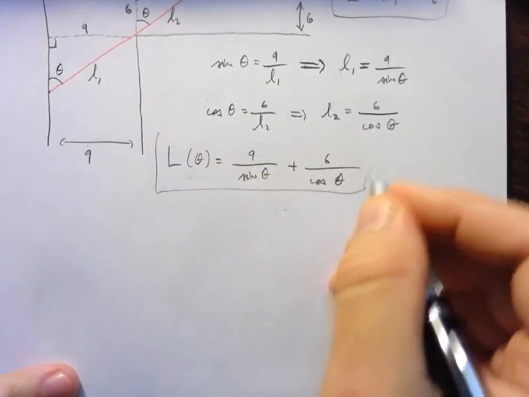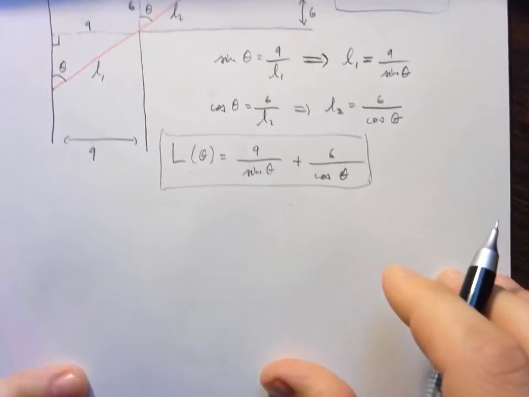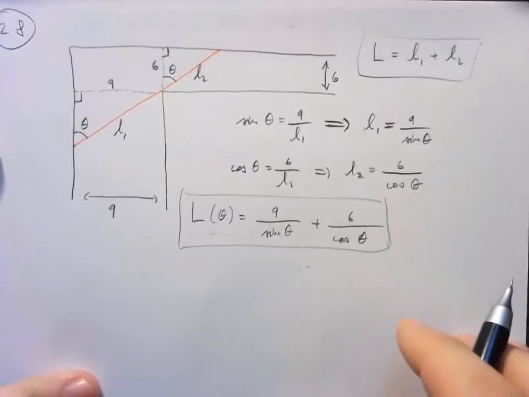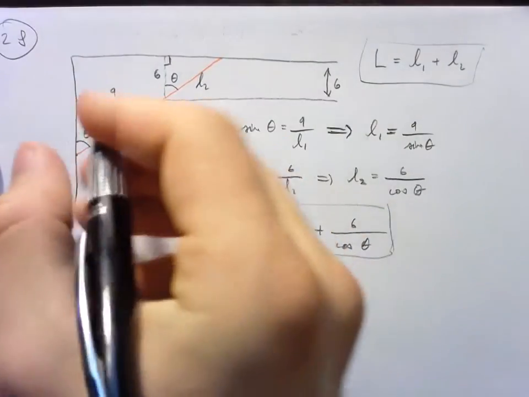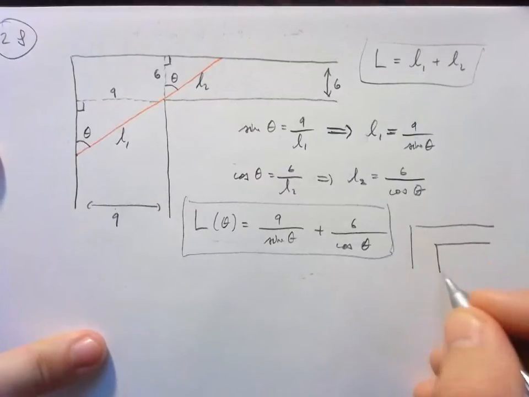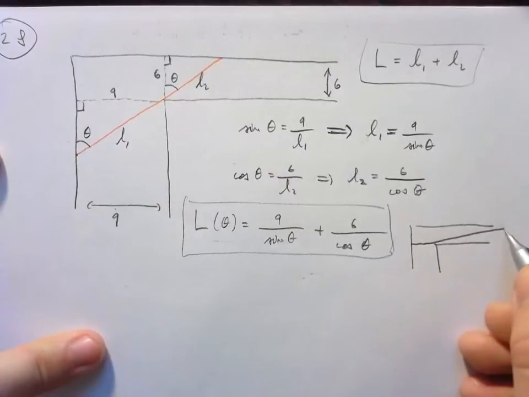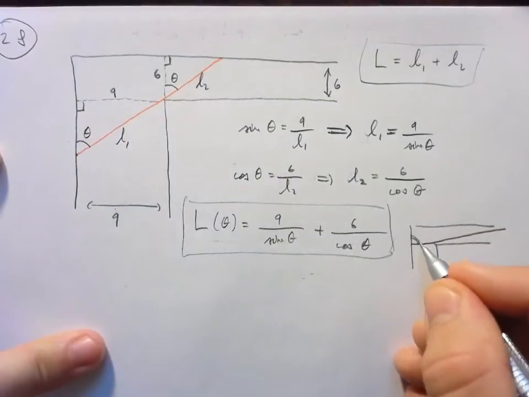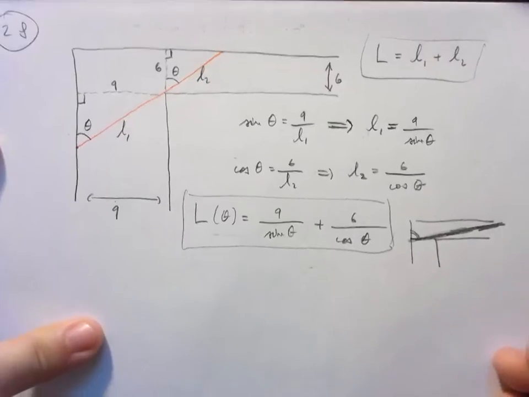Okay, so this is the equation we're working with, and I want to figure out the extreme values for it. Now, if I draw the following picture, the longest pipe would happen when theta is very close to 90 degrees, so the pipe would be infinitely long.